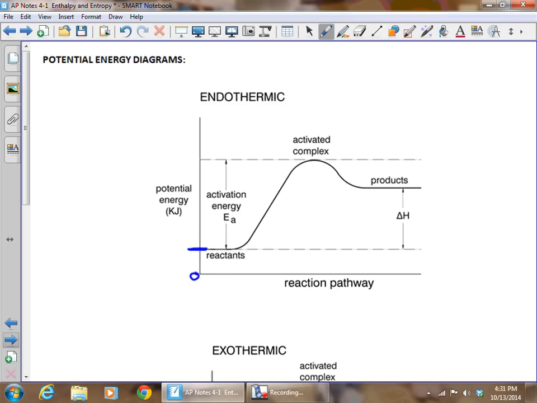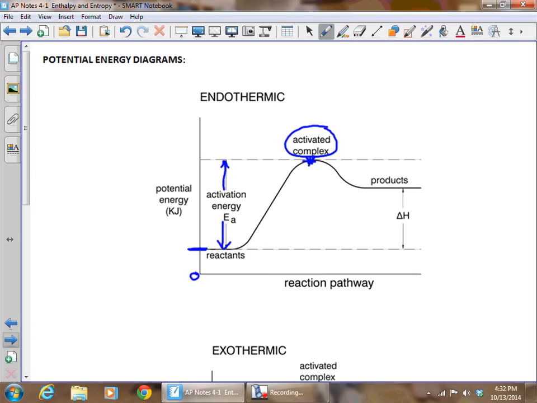And if you'll notice, this part right here, going up to that hump up here, is our activation energy. That's the amount of energy it takes to get the reaction started. That's the energy to get what's called the activated complex formed. Now, the activated complex is just an intermediate substance. It's just a substance that's formed in between that's very unstable.